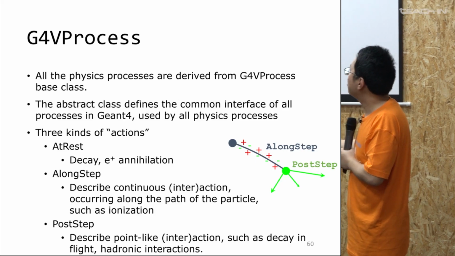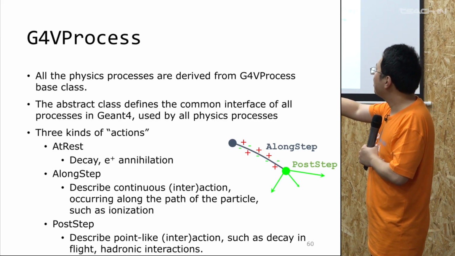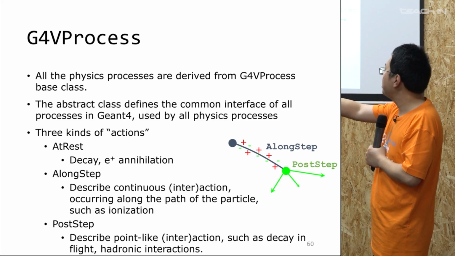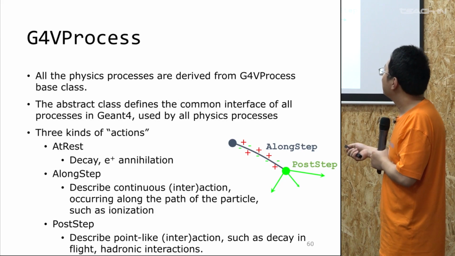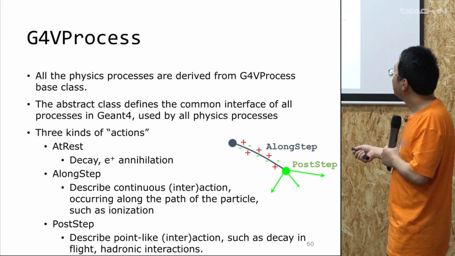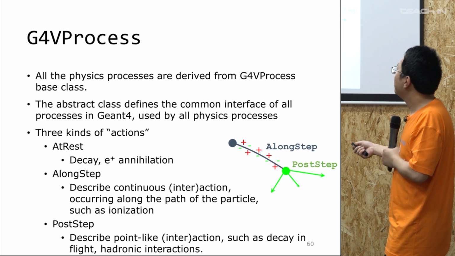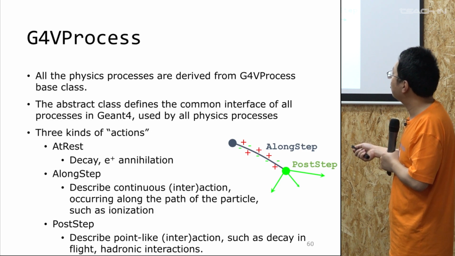First is called AtRest. That means a particle has no kinetic energy and just stops here, so what happens with this particle? Processes like decay and positron annihilation are related to this action.